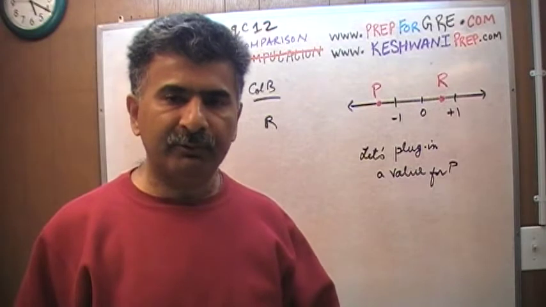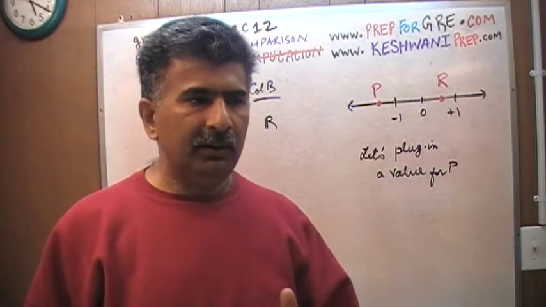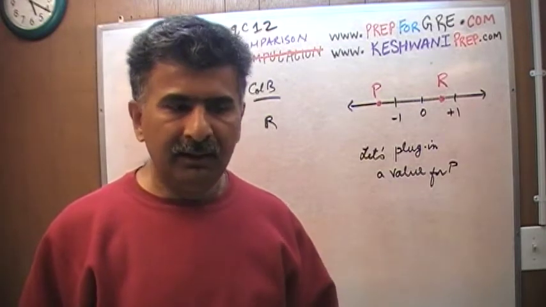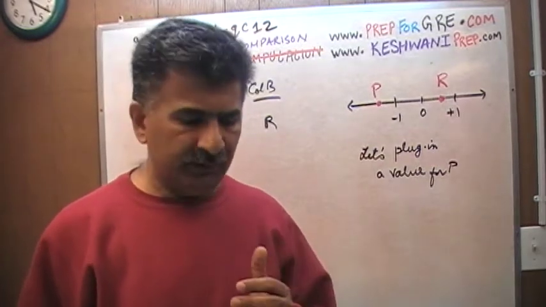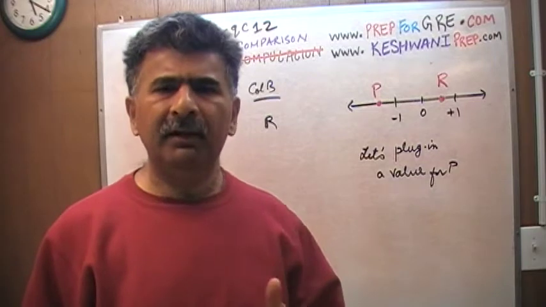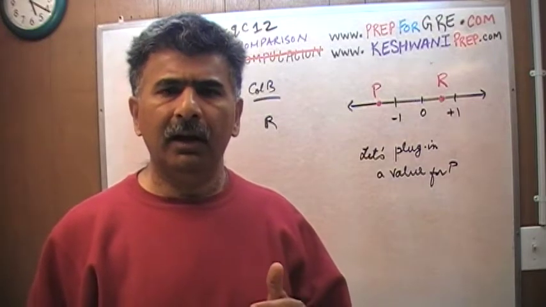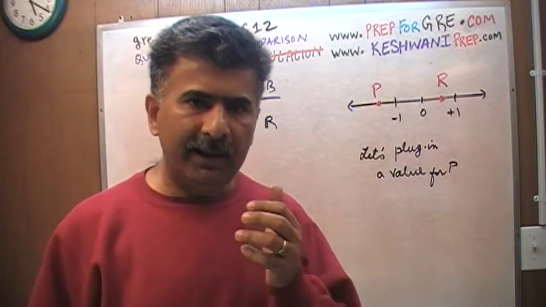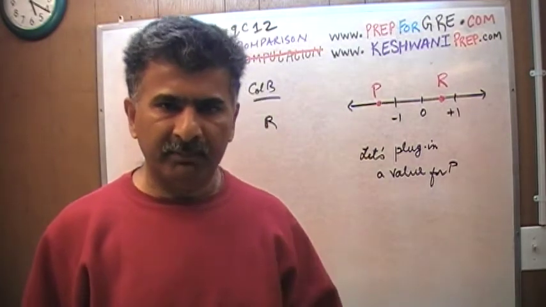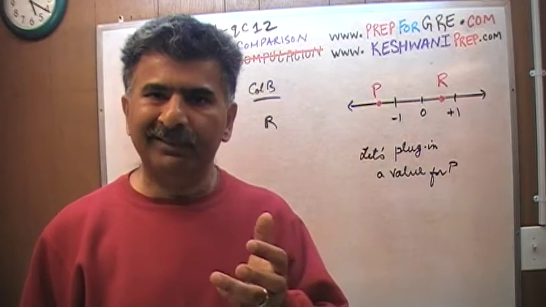If dealing with an abstract term with a variable, you find it unsettling, inconvenient, bothersome, whatever adjective you want to use, then just plug in a value for the variable, so that we are no longer dealing in an abstract manner. Rather we have something concrete to work with.